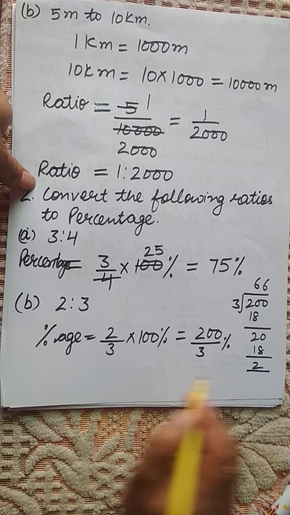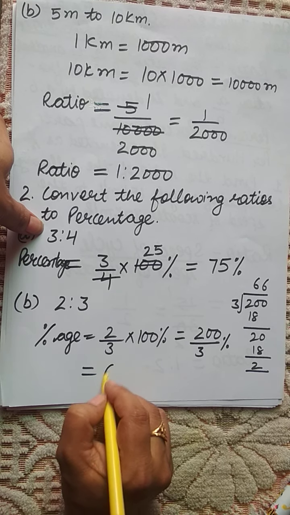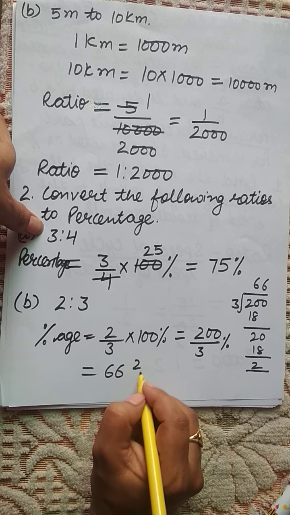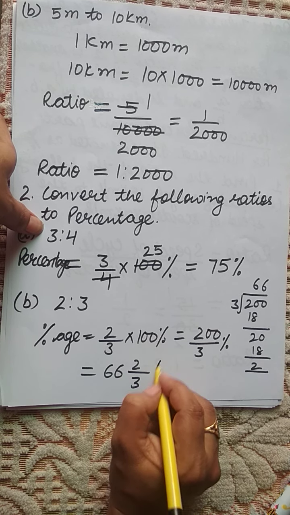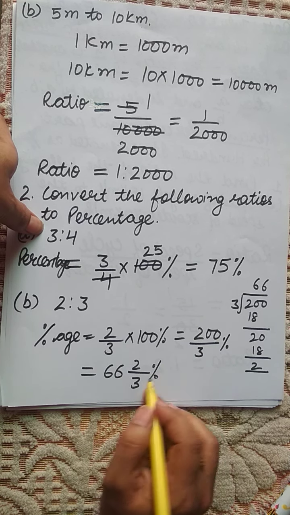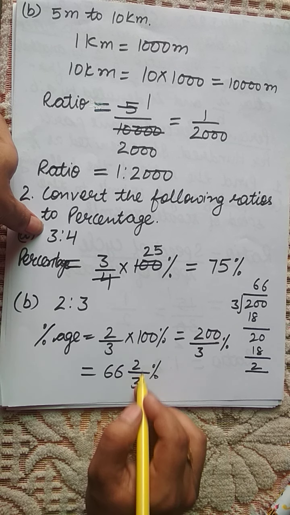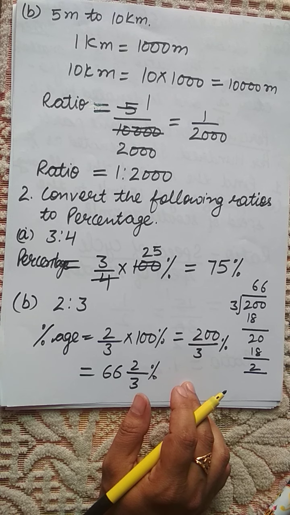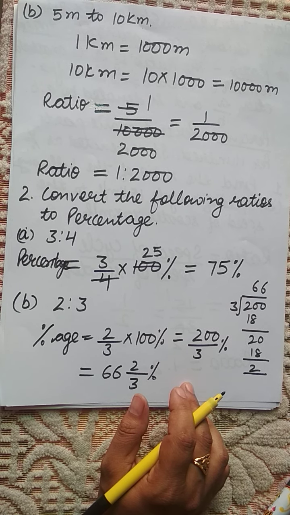The remainder is 2. So it can be written as 66 as a whole, remainder is 2, 2/3. I have converted the term into the mixed fraction. 66 and 2/3 percent is the required percentage of the ratio 2/3.